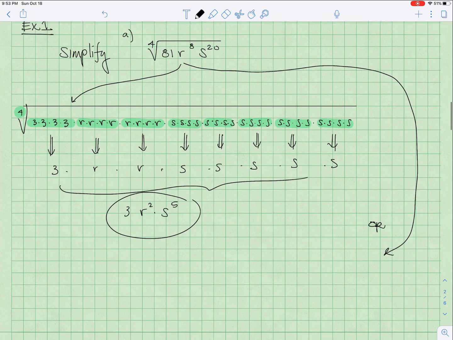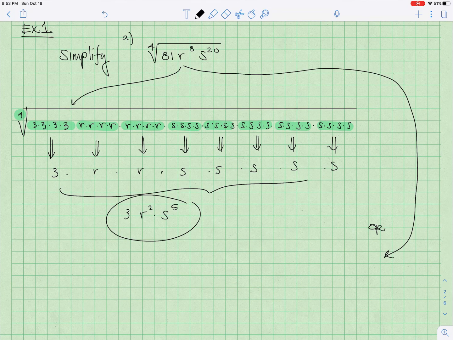Or we can rewrite the following. The fourth root of 81 r to the 8th s to the 20th in exponent notation is everything underneath the radical, 81 r to the 8th s to the 20th raised to the 1/4 power.